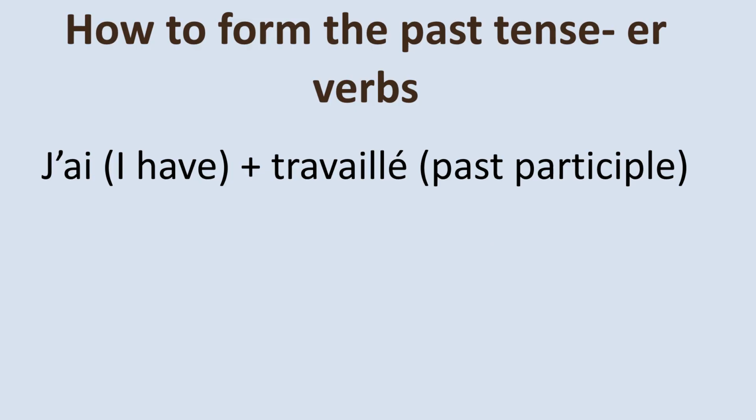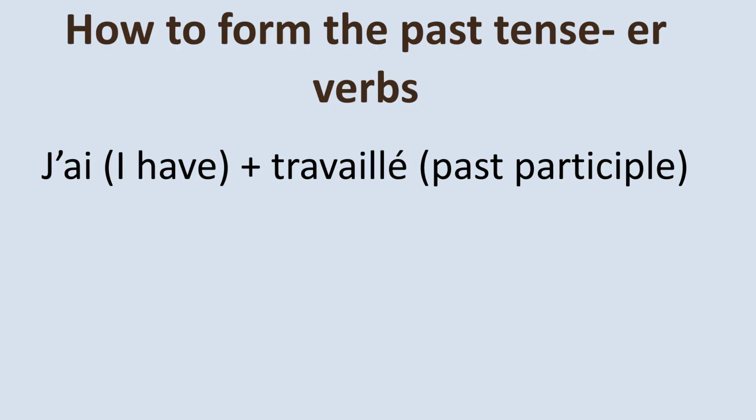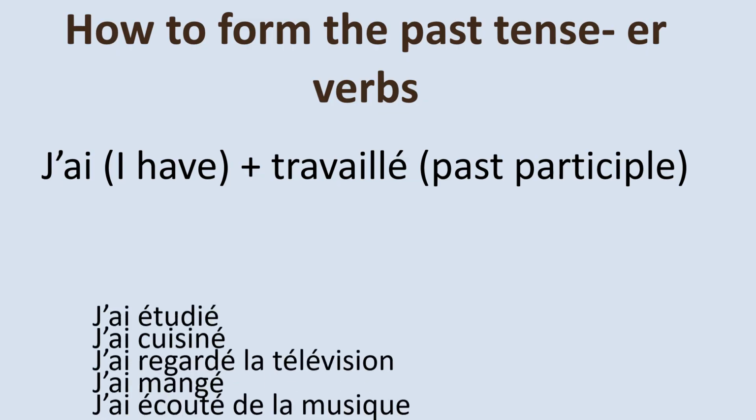Now in French, the past participle of ER verbs is very simple. You just remove the R and put the acute accent on the E. And guess what? The pronunciation is the same, because whether you have an ER verb or an E with an acute accent, it's the same pronunciation. So that makes it very handy.